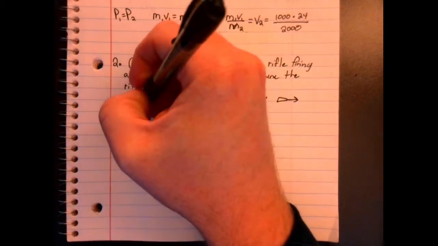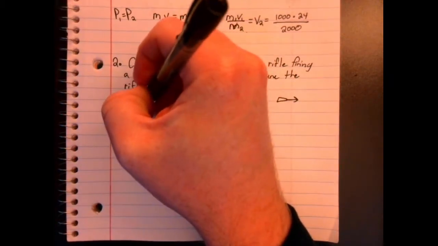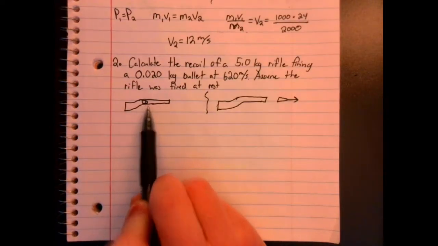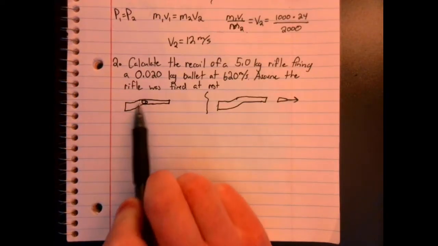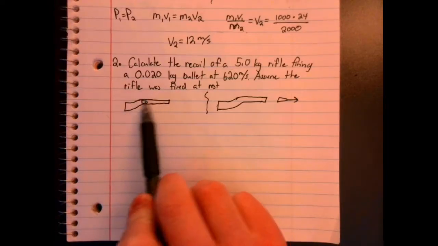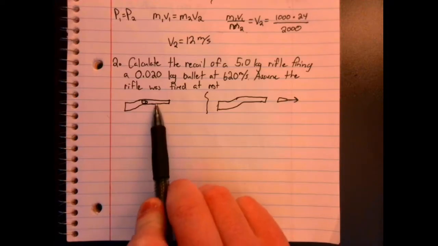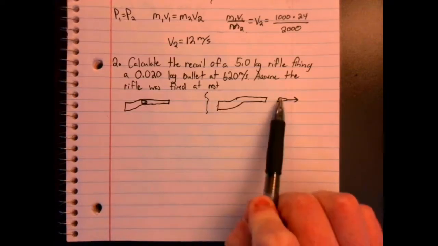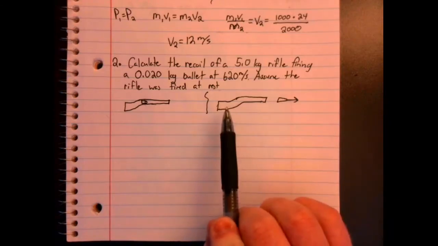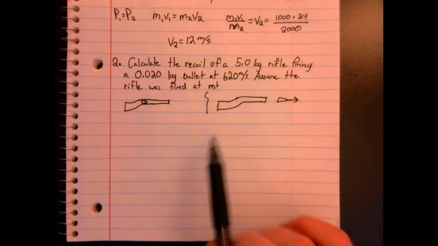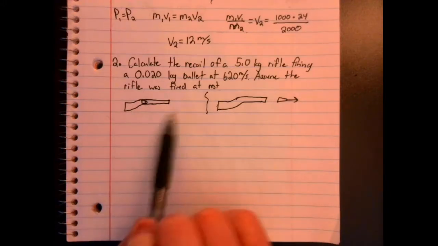So the first thing that I'm going to put in here is that bullet, because that bullet is inside of the gun at the beginning. So what we're going to have at stage 1 is a combined mass of the bullet and of the rifle, and we know that it's fired at rest. We then know the bullet's going to get shot forward. If you ever shot a gun, you know which direction it's going to recoil, but if not, if you just think about it, our momentum needs to be the same as it was at the beginning.